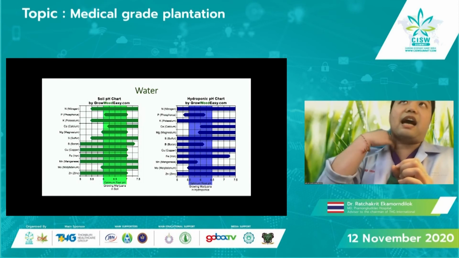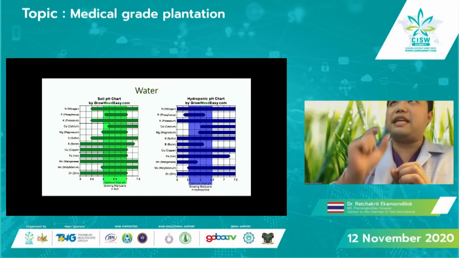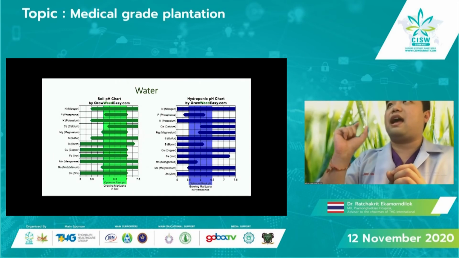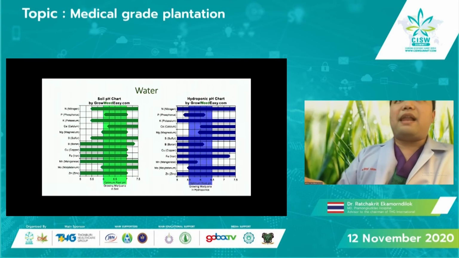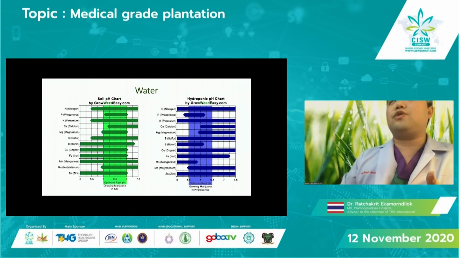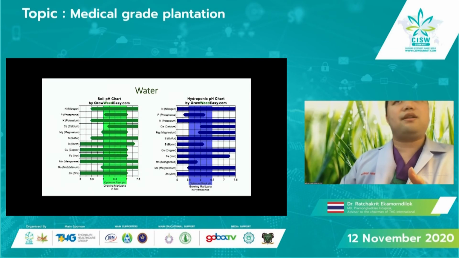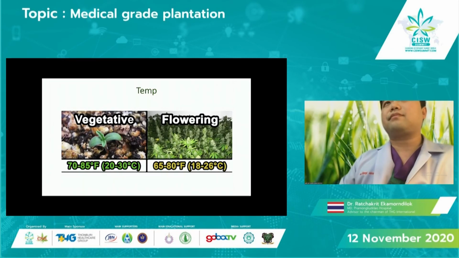You need a specific pH in the soil and the hydroponic. Otherwise, your plant cannot use the nutrition. We call it nutrient lock. So if your pH is not proper, it can cause damage to your plant.